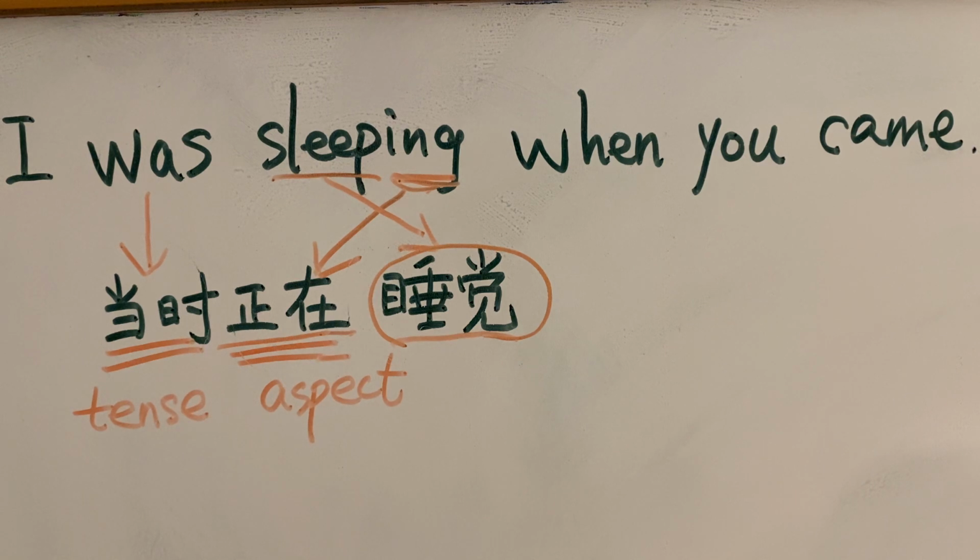So 我当时正在睡觉. You can also say this sentence as 我正在睡觉，你进来了. Literally, it means I am sleeping when you came. Grammatically, in English, that's not right.